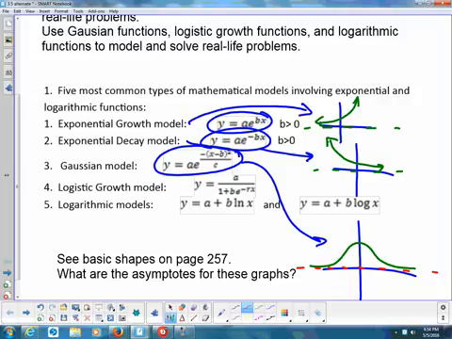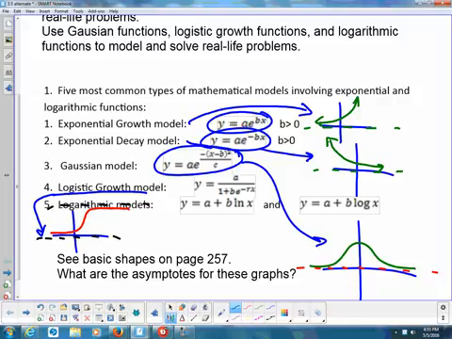Then we have the logistic growth model, which is a different-looking graph. It starts out small, then grows rapidly, then its growth slows down, and it levels off again. So this one actually has 2 horizontal asymptotes.